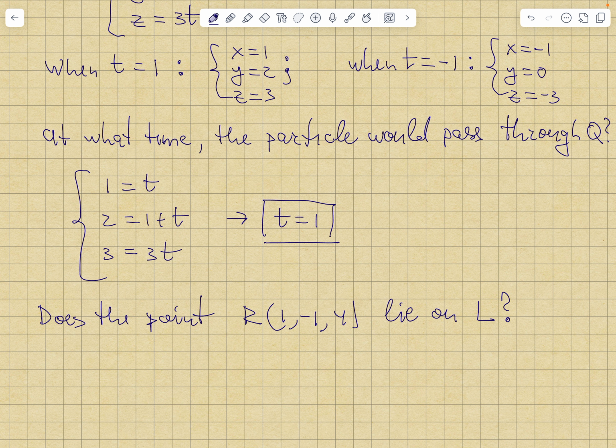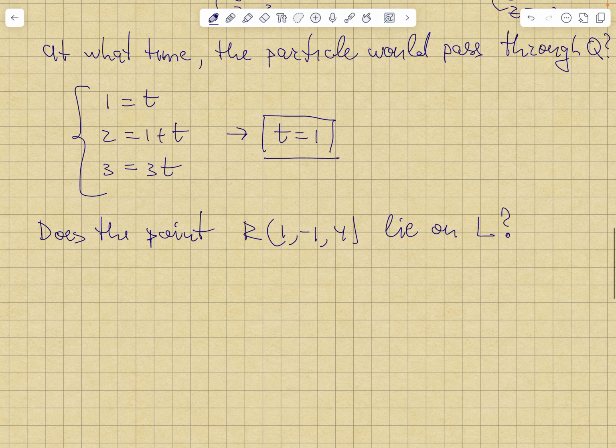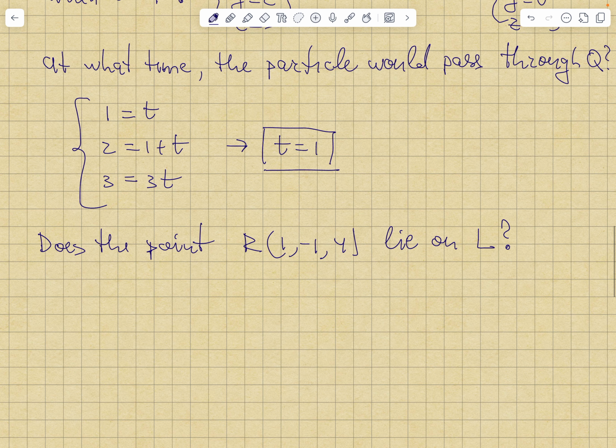If it does lie on the line L, then there will be a time when my particle passes through the point R. So what time would that be? That would be a time when 1 is equal to t, minus 1, the y component, is equal to 1 plus t, and the z component 4 is equal to 3t.